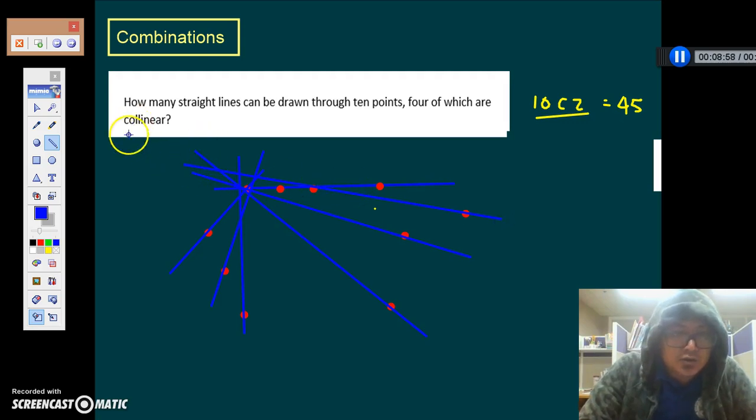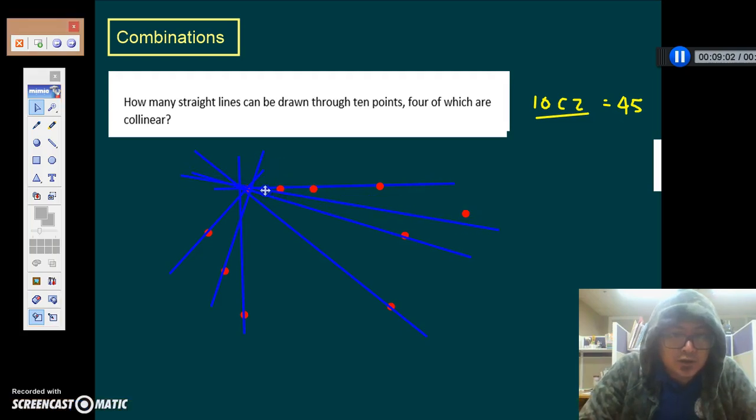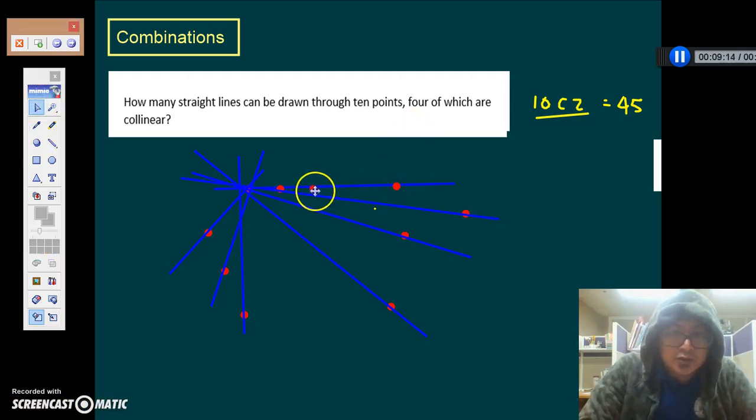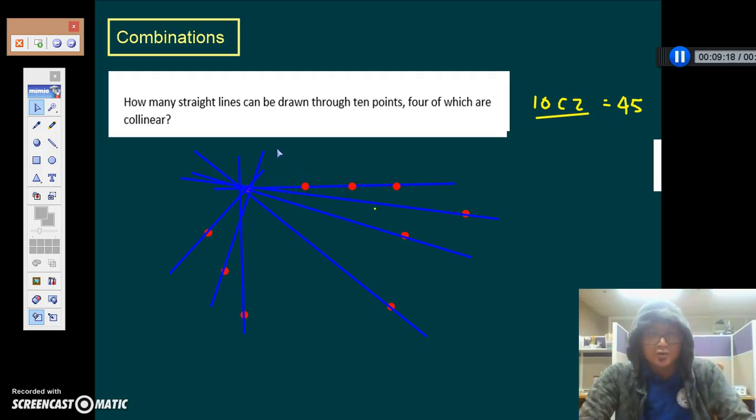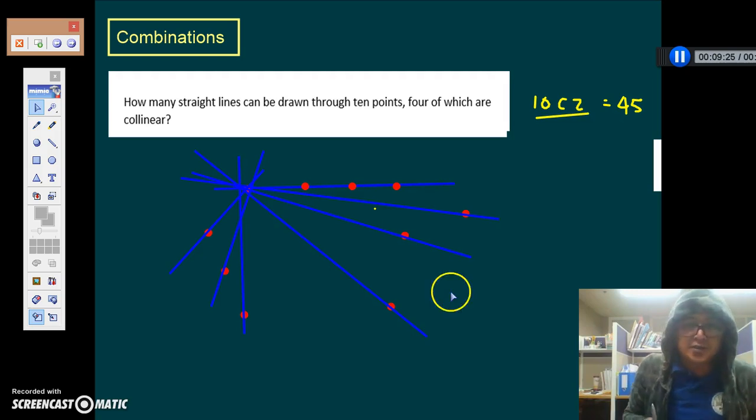Okay, let's fix that. Let's move the other points so that we are not collinear with the others. So I've drawn 8 of the lines already. So you get the point. So we are counting how many lines can be drawn through this, with this condition that 4 are collinear.